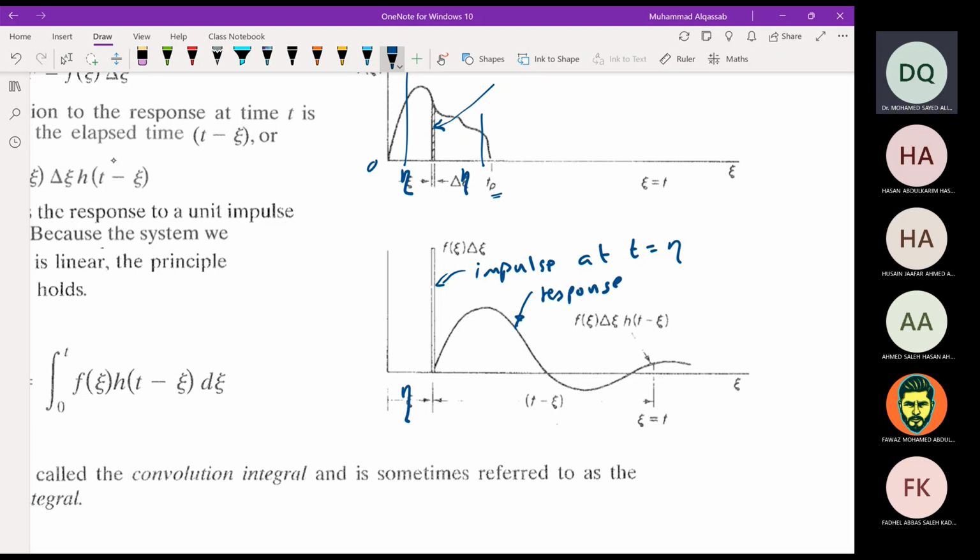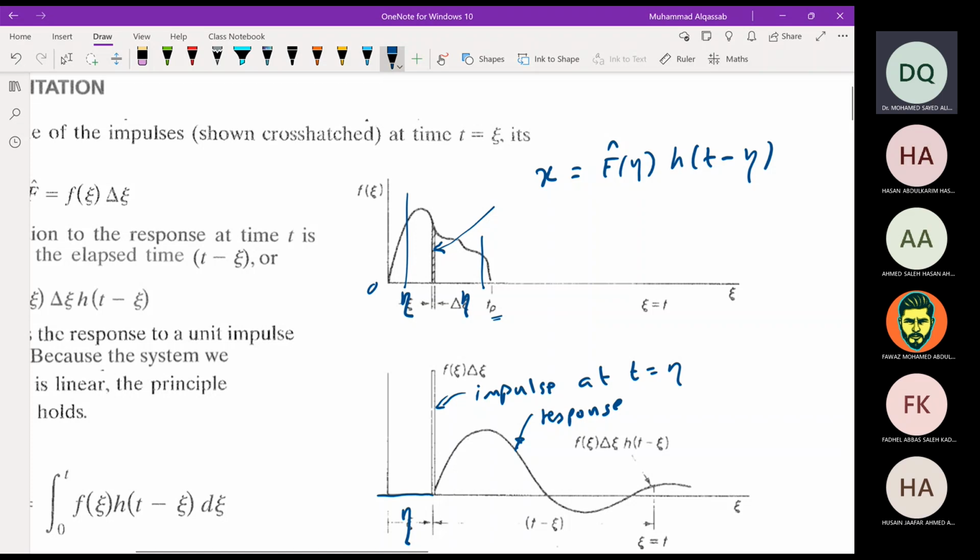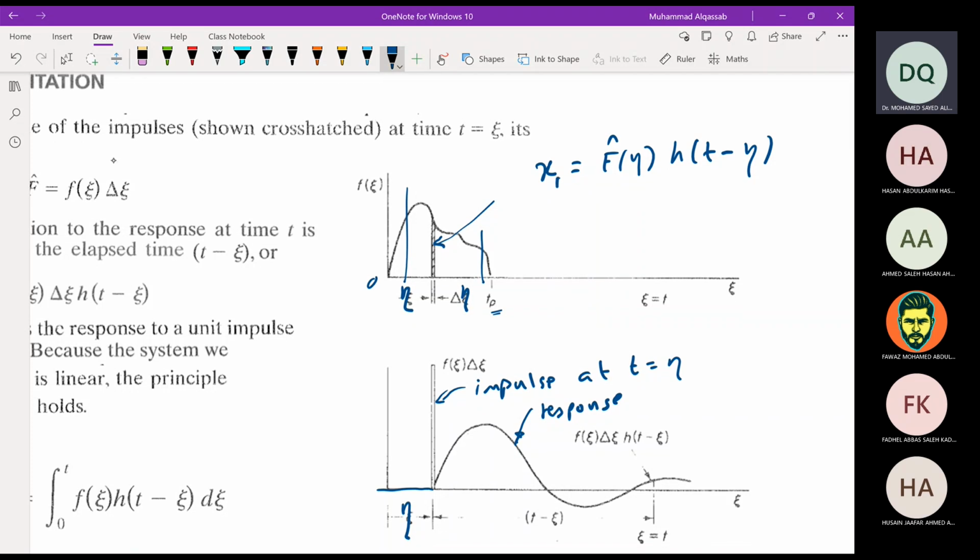As you can see, this response is 0 before the impulse started, and then it responds after the impulse. There is no response before the impulse due to the considered impulse. Let's take this as number 10, and you have 9 before.